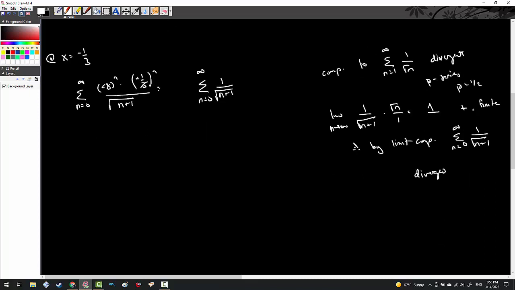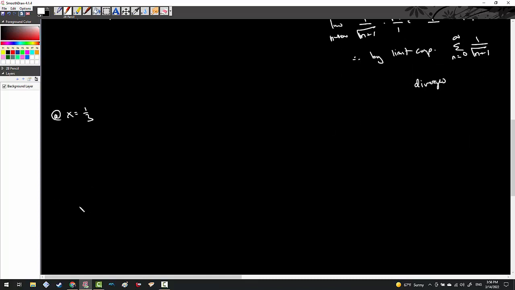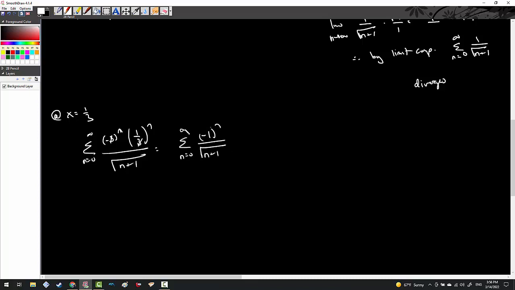So let's see what happens at x equals positive 1/3. That's going to be the sum from n equals 0 to infinity of (-3)^n times (1/3)^n over the square root of n+1. Those are going to cancel, and I end up with (-1)^n over the square root of n+1.